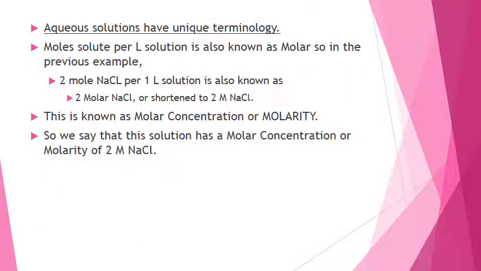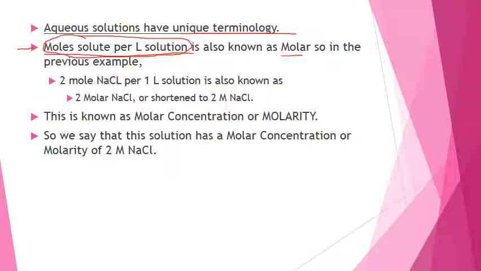So aqueous solutions have unique, not generic, terminology. We have moles per liter solution, moles of solute per liter solution. Instead of saying all this, we have a word to represent this whole statement, and that's called molar.